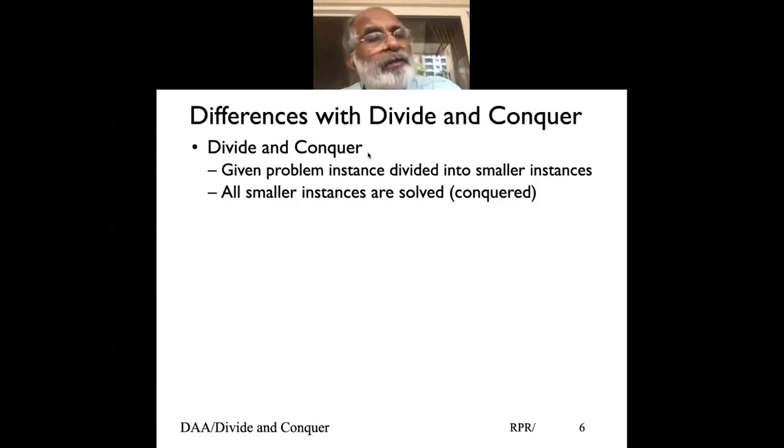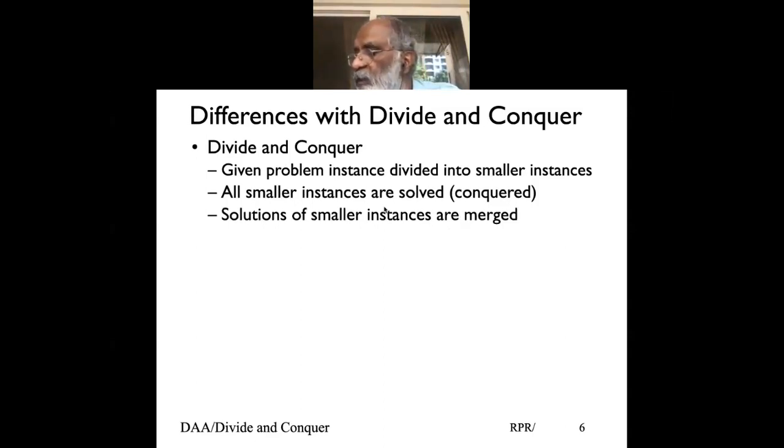If you do, let's say, quick sort, we divide it into 2 parts, and we need to solve all the smaller instances. And that is what is called the conquer approach. And then we merge the smaller instances, and based on how we merge, we write a recurrence relation.